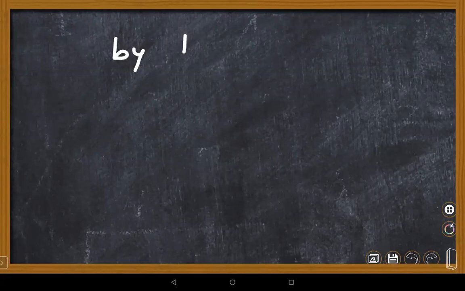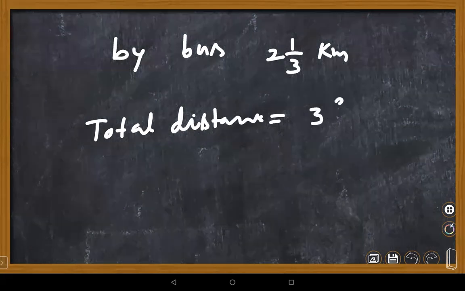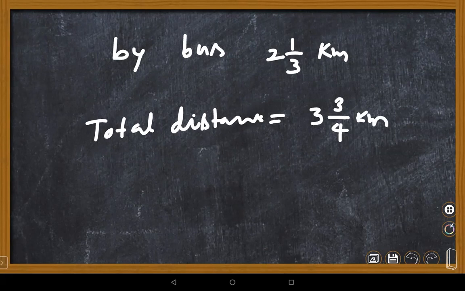Daksh traveled 1 by 3 kilometers by bus. Then he walked to his aunt's house. If the total distance traveled is 3 by 4 kilometers, how much distance did he walk?